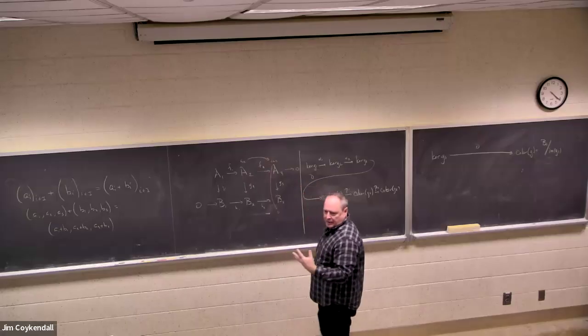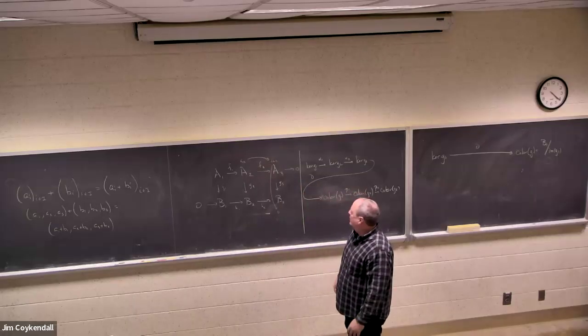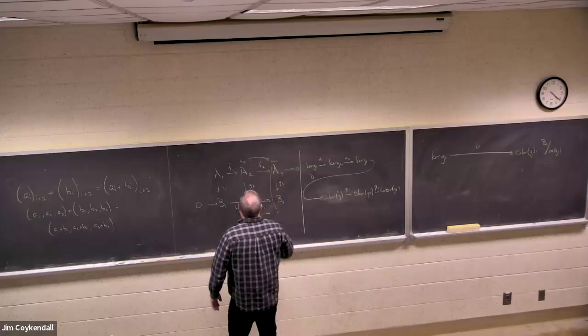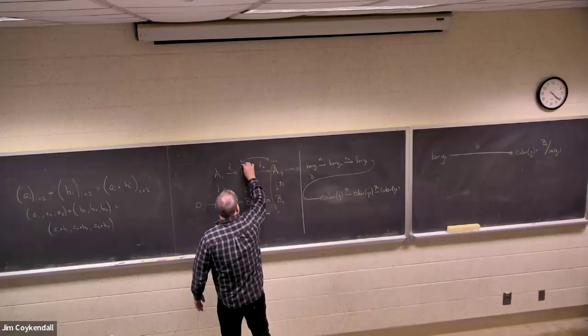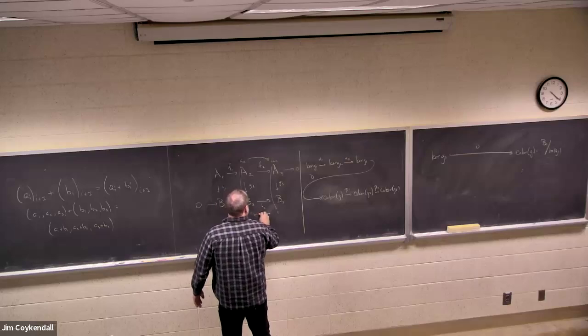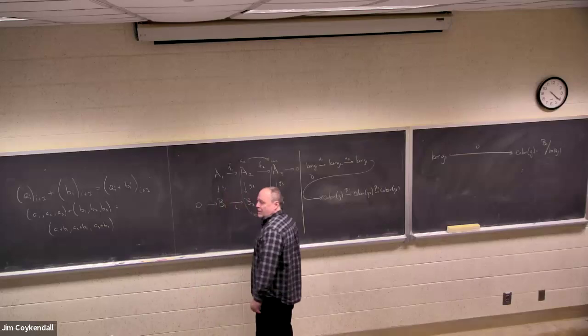Now, it's a little bit concerning because this choice is not unique, because it's onto. Nonetheless, we push forward, and A2 goes down to B2 here, which must go to 0 here.